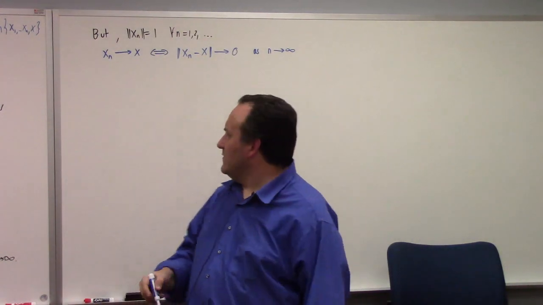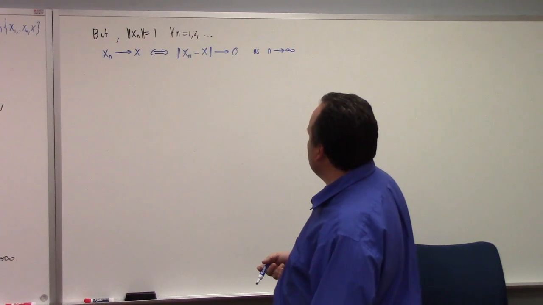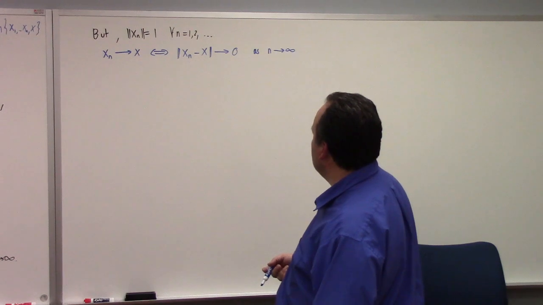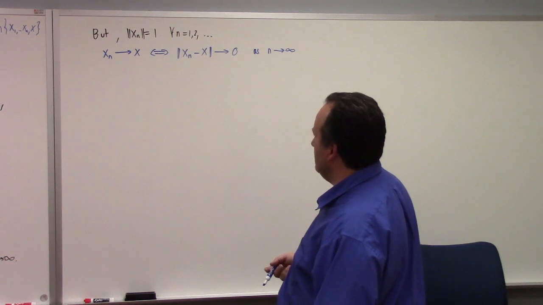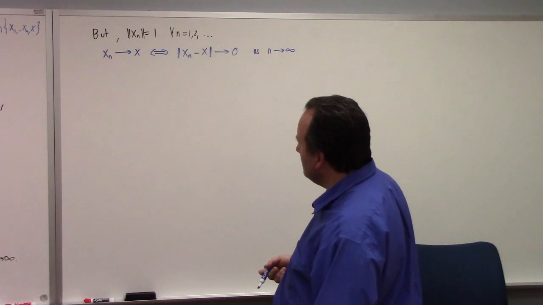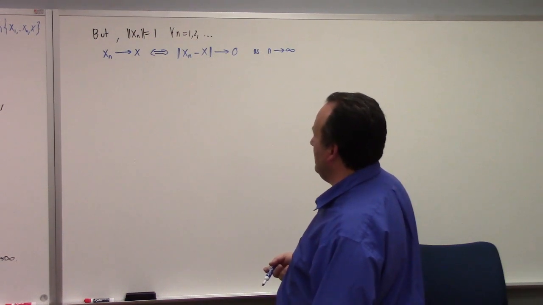But why is the norm of x_n being 1 stop us from having strong convergence? Because by definition it has to go to 0. Why is that? No, it doesn't strongly converge, right? So it wouldn't go to 0. I mean, suppose it strongly converges to x. Why is the norm of x_n being 1 a problem?